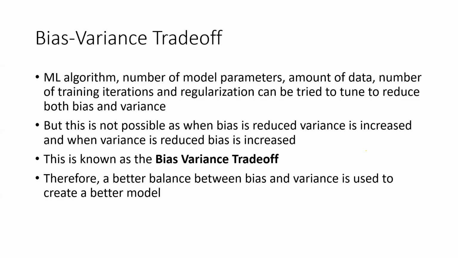You can increase the amount of data with the currently available big data, and you can increase the number of neurons in the neural network. In that case, you can actually reduce both bias and variance together. But what we are discussing here about bias and variance is about smaller, very simple machine learning models.